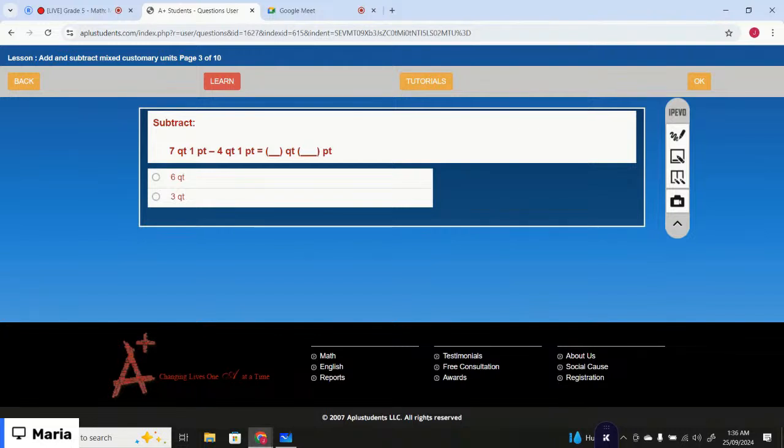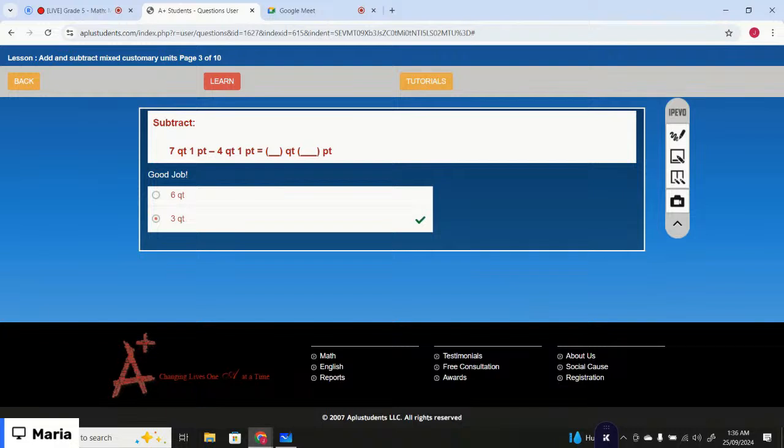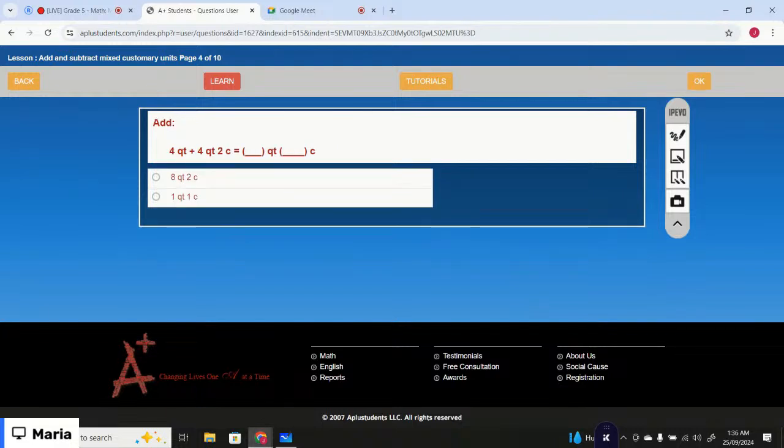The correct option is 3 quarts. Option number 2 is the correct option. You always subtract the same units, so you have to do 7 quarts minus 4, that is 3 quarts, and 1 pint minus 1 pint is 0.